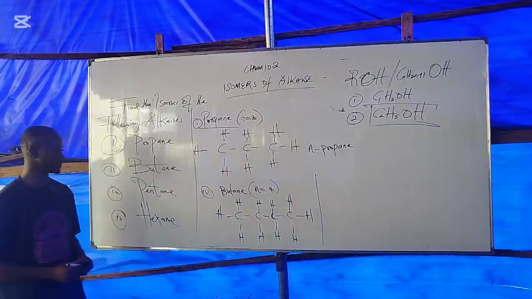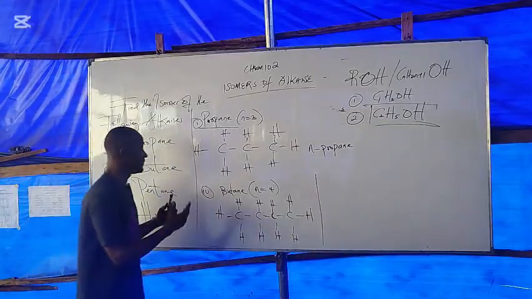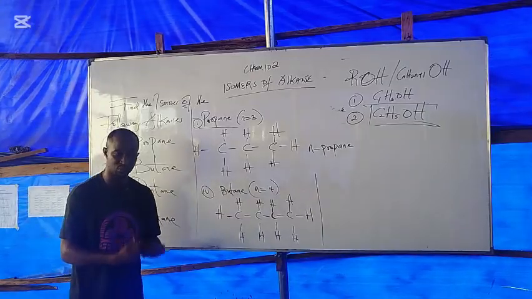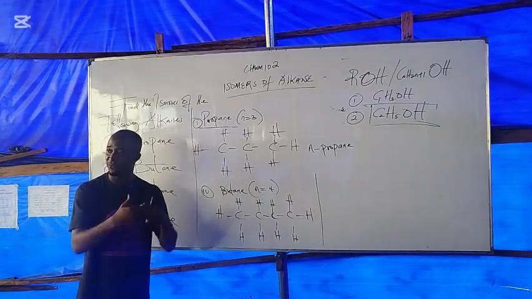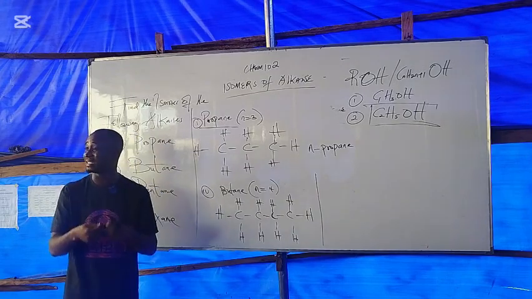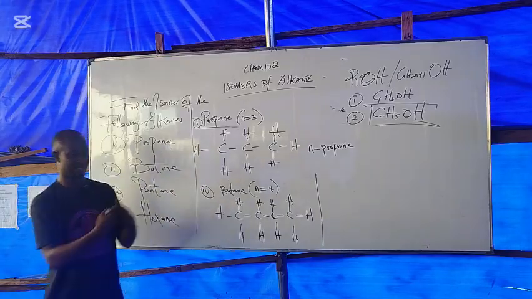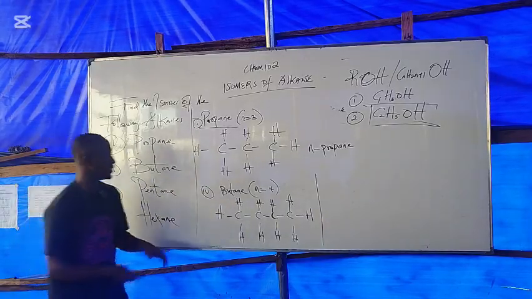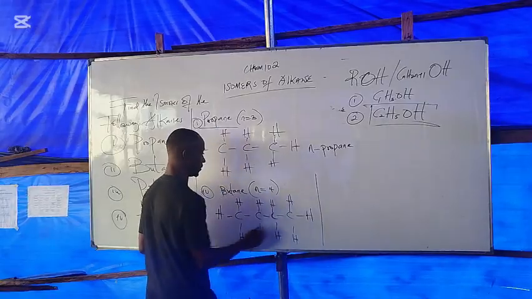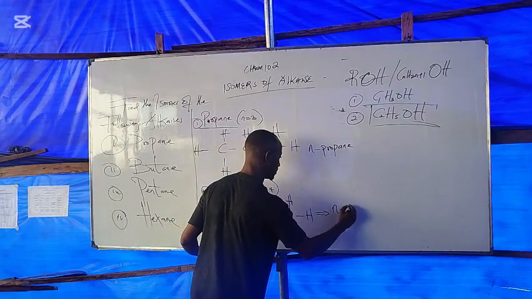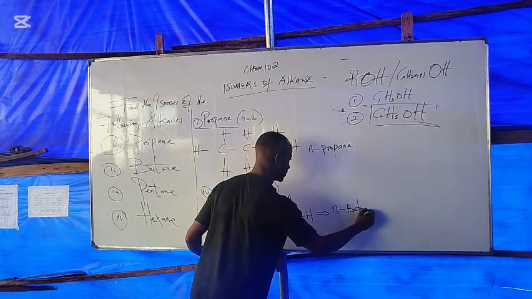Look at this. The first isomer of butane is called n-butane. The first isomer of any alkane is the n-alkane of that compound. If I have hexane, it is n-hexane. So this is called n-butane.